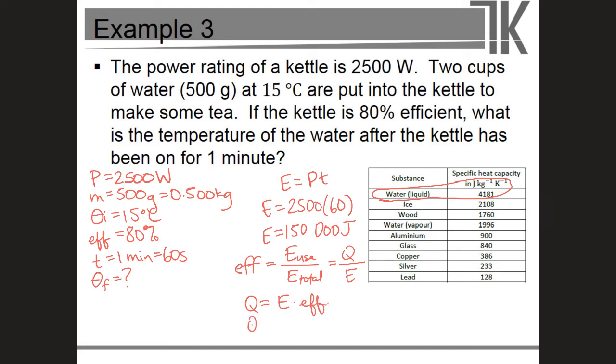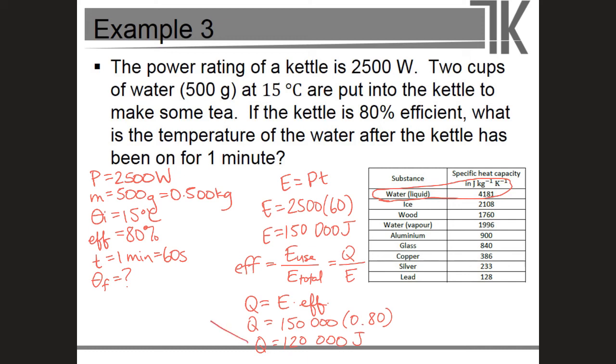And if we plug our numbers into there, we've got 150,000 times an efficiency of 80%. Remember that means 0.80. And that gives us a Q value of 120,000 joules. Again, we can quote this as kilojoules rather than joules.